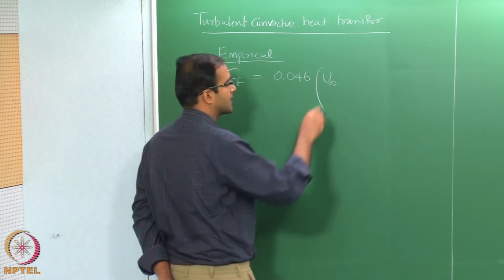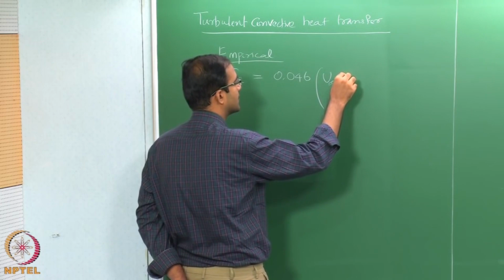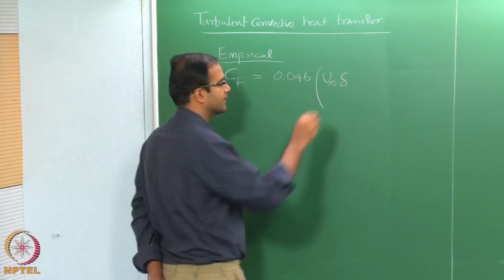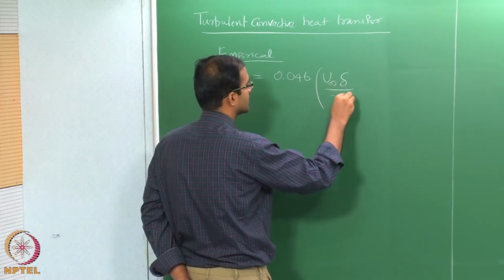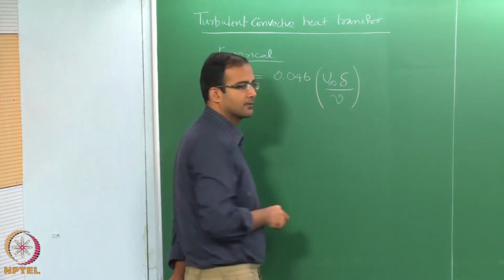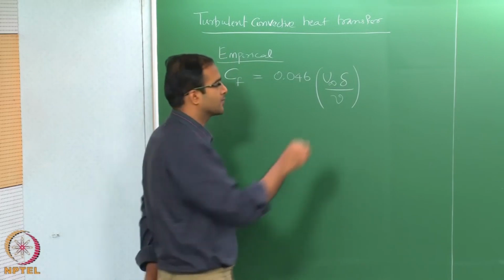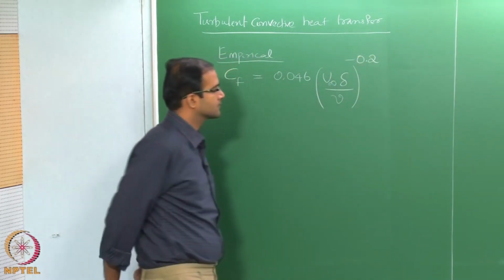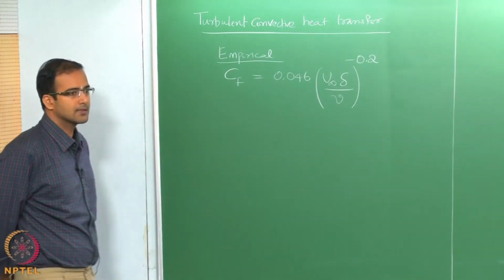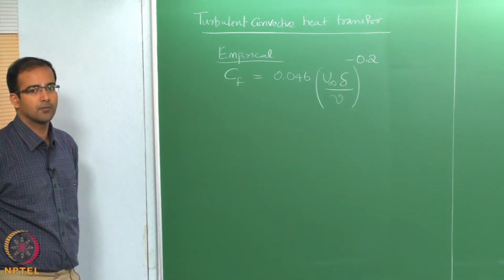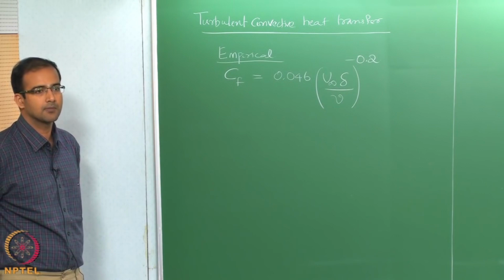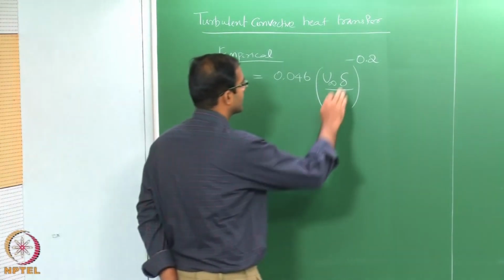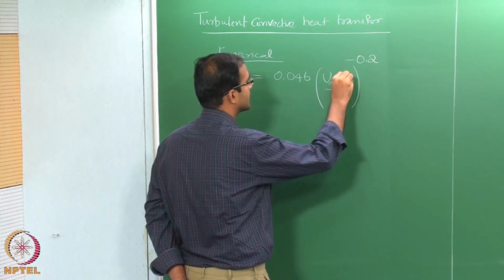If you are dealing with external flow, you have U infinity and then the length scale is the boundary layer thickness delta, divided by mu, to the power minus 0.2. This is the most commonly used relationship. For internal flows it becomes easier, you replace your delta with D.